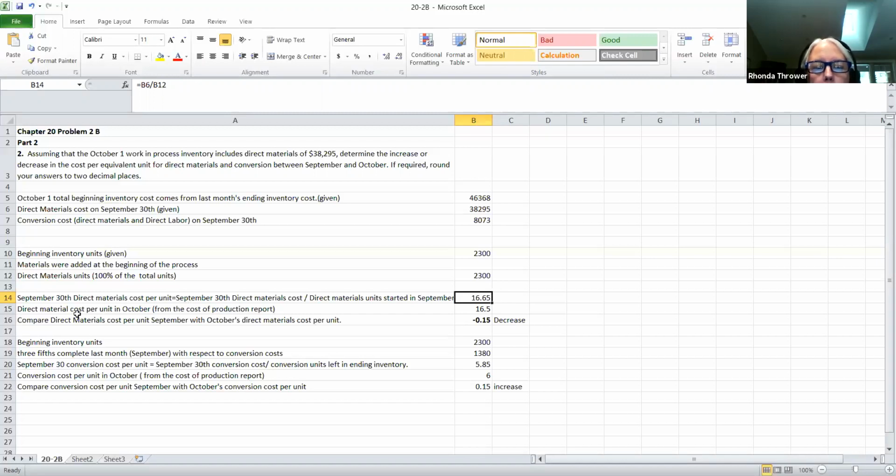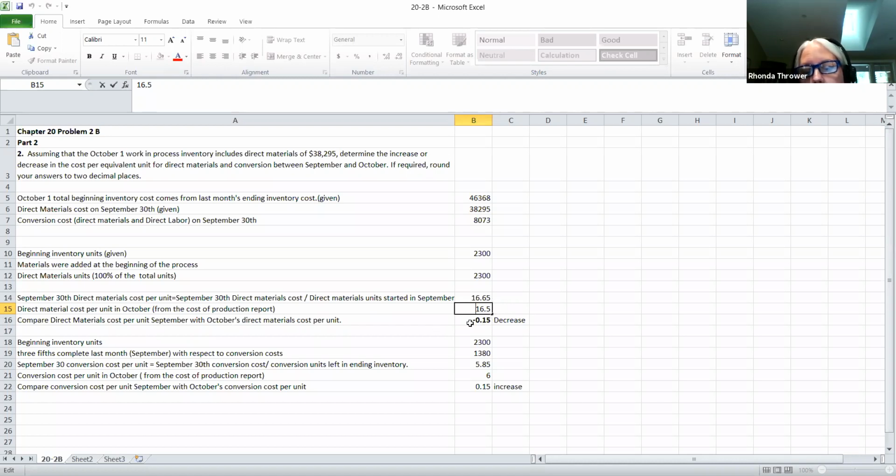You're going to pick up the direct materials cost per unit this month, which is from the cost of production report. The amount that we determined on that cost of production report was $16.50. You're going to compare the direct materials cost last month with direct materials cost this month to see what happened. Last month it was $16.65. This month it is $16.50.